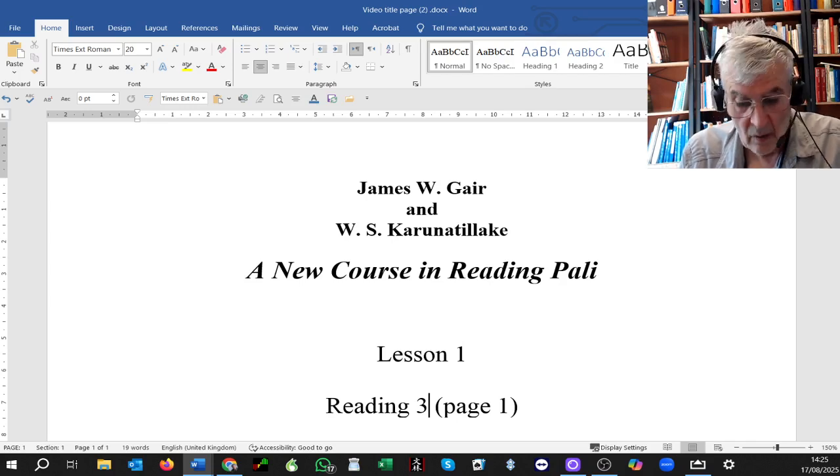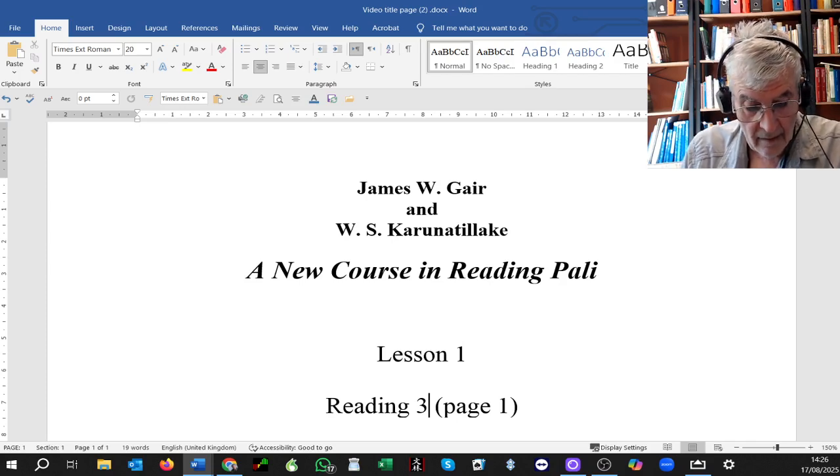Sammaditthikassa bhikkhave anupanna cheva akusala dhamma nupajjanti uppanna cha akusala dhamma parihayanti. And that's it for reading number 3.